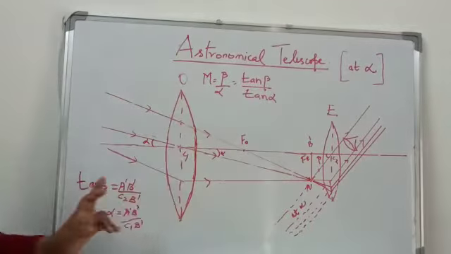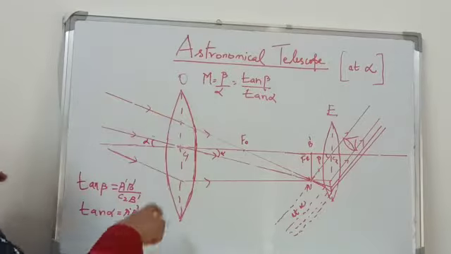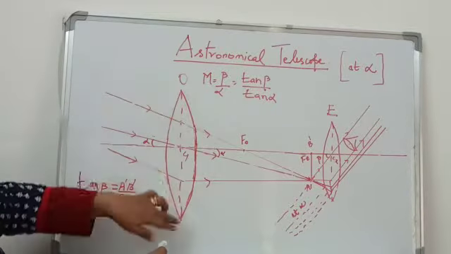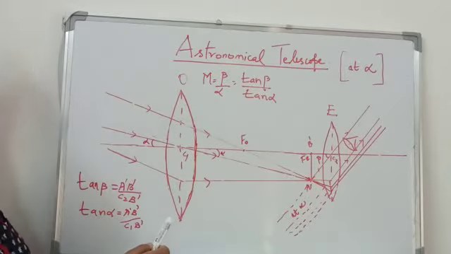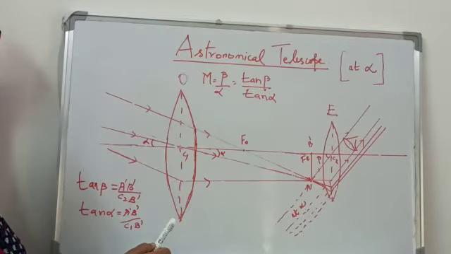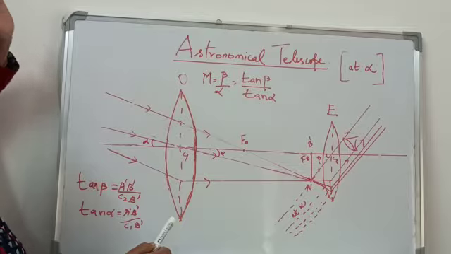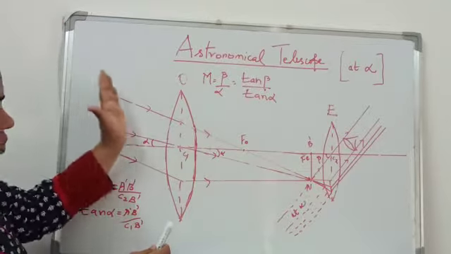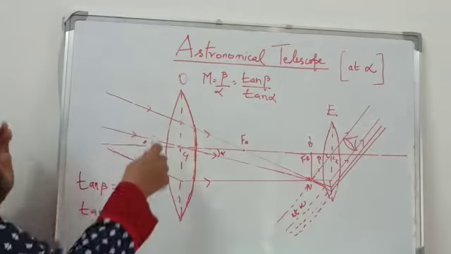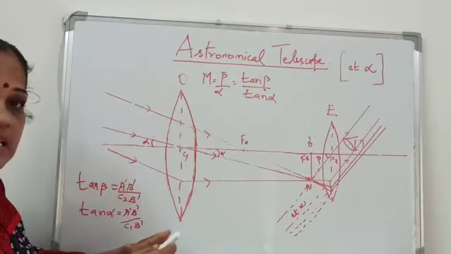Now, as you see in this figure, this is the objective lens of large focal length and aperture. The object is at an infinite distance, for example stars, planets, etc. So light from them gets refracted as it passes through this convex lens.